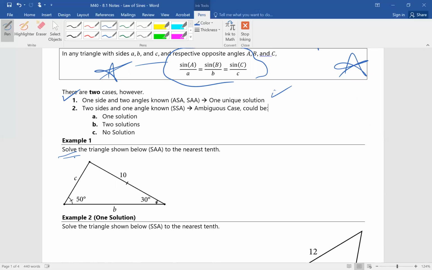And the first thing I should remind you of in geometry, all the angles of a triangle add up to 180. So if you have 50 in one angle and 30 in the other, that's 80. So this angle here already, before I get started, has to be 100. Okay? So that's the first thing. So really all I'm left to do is to find out those two sides of the triangle.